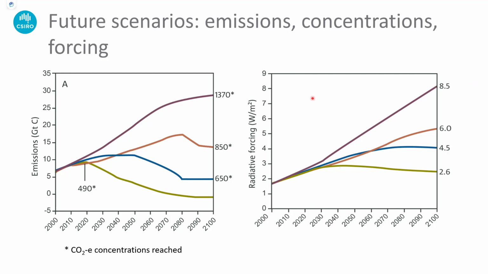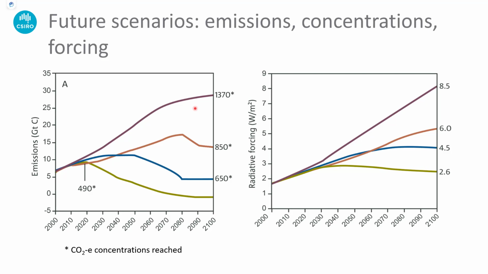And so we can look at what these representative concentrations look like in terms of emissions in gigatons of carbon, in this case CO2 equivalent, for, say, a scenario where we continue to use fossil intensive energy sources, or a pathway where we rapidly decarbonize, and that's represented by this low one, and then some in between.